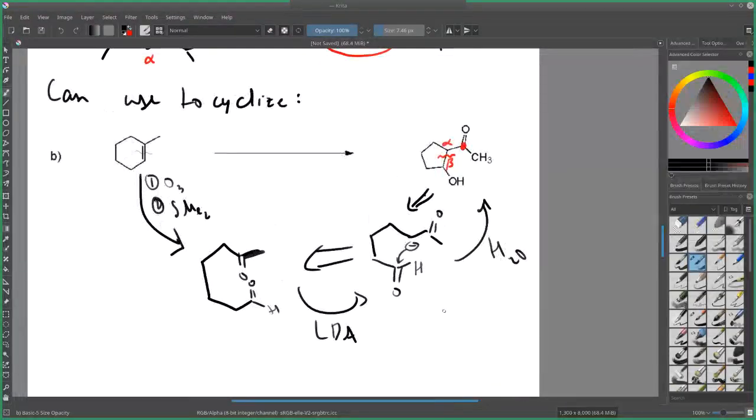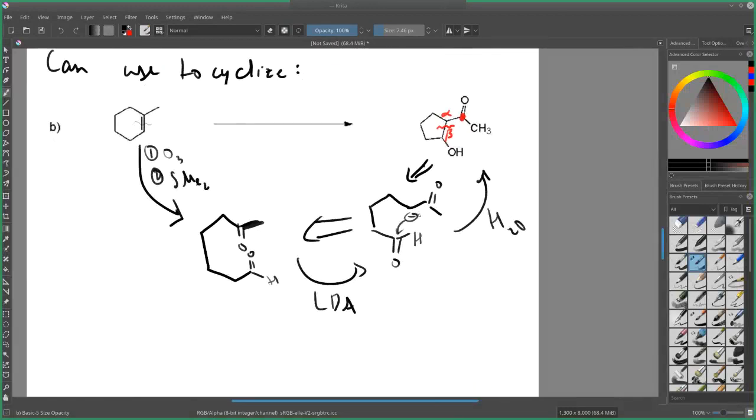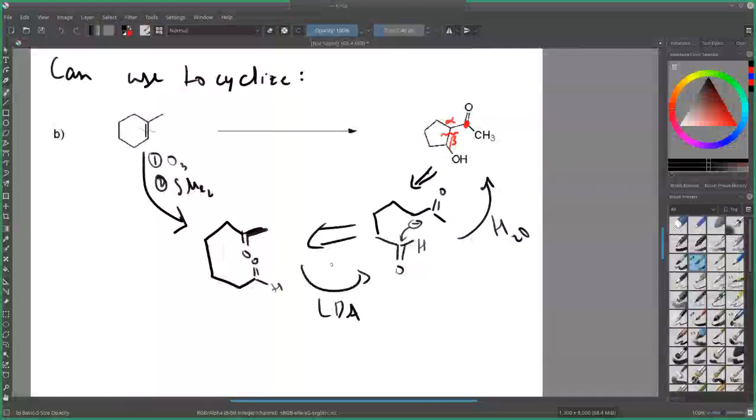That's problem 2B. And all that we really did is we just split the alpha beta bond. And from there, we were able to see what we started with. So we knew how to get to what we started with because that was just old chemistry, stuff that we've seen a long time ago.